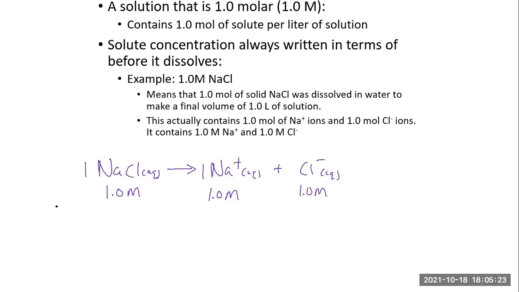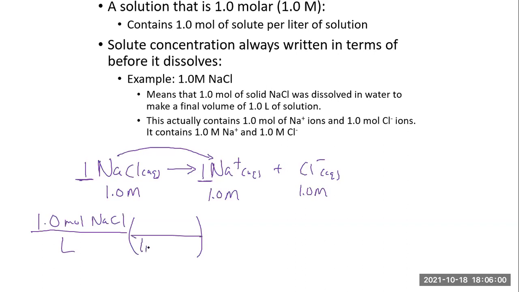Now, what happens if we have something that doesn't break apart into a 1-to-1 relationship? And just to show you the long calculation of how we go from here to here, let me show you that. We would start with 1 mole of sodium chloride, the entire thing, per liter. If we do stoichiometry, it's 1 mole of this to 1 mole of the sodium ion.